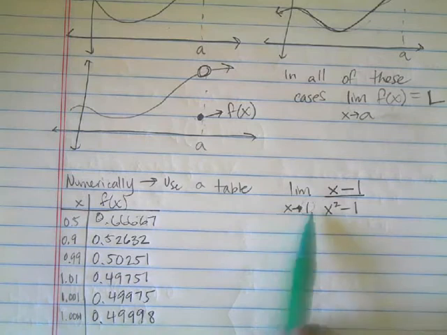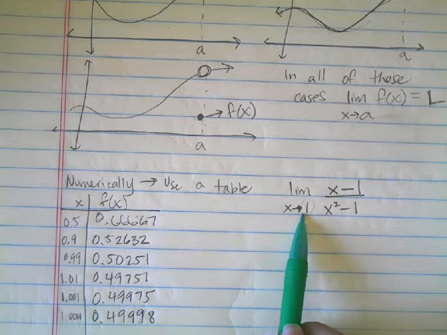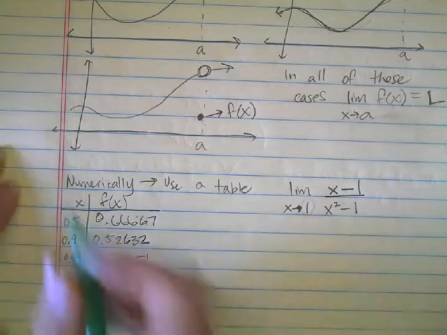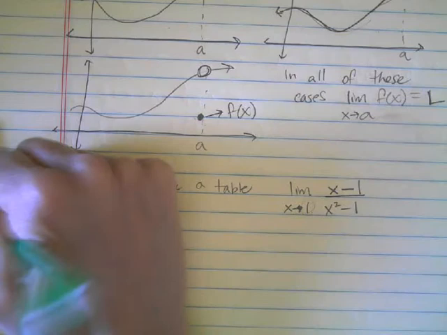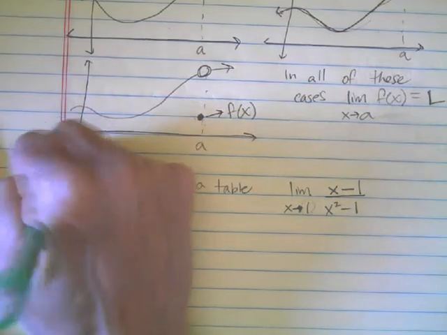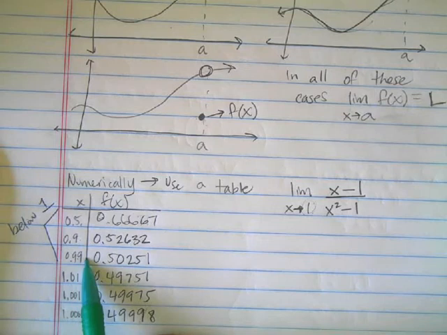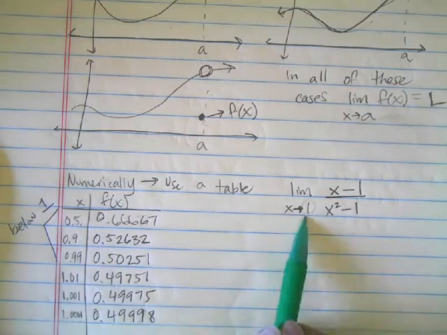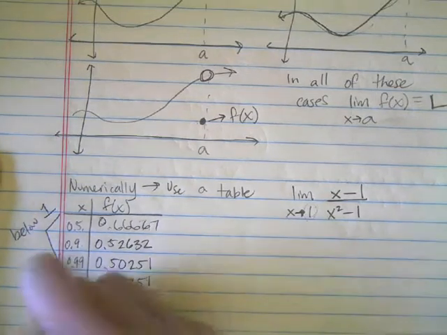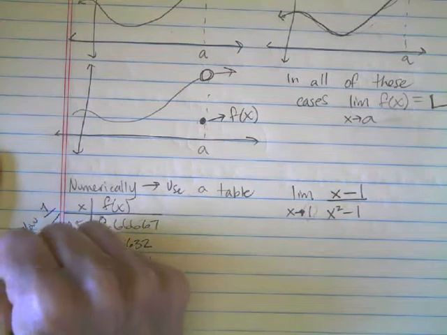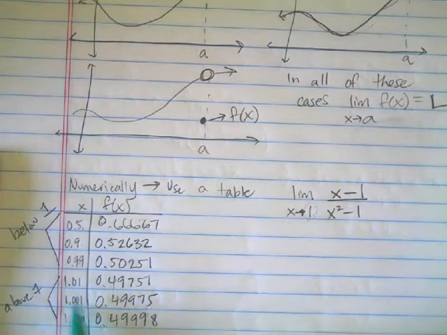We pick these numbers because you want to pick numbers that are close to 1. You pick numbers that are above 1 and numbers that are below 1. The numbers that are below 1 are these numbers. As you notice, 0.5, 0.9, 0.99, you're getting closer and closer to 1. These numbers are above 1: 1.01, 1.001, 1.0001, and they are getting closer and closer to 1.